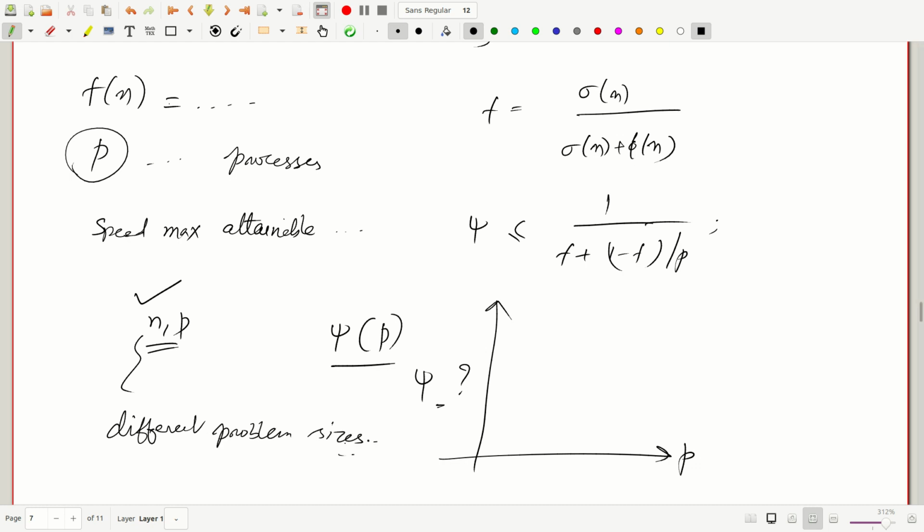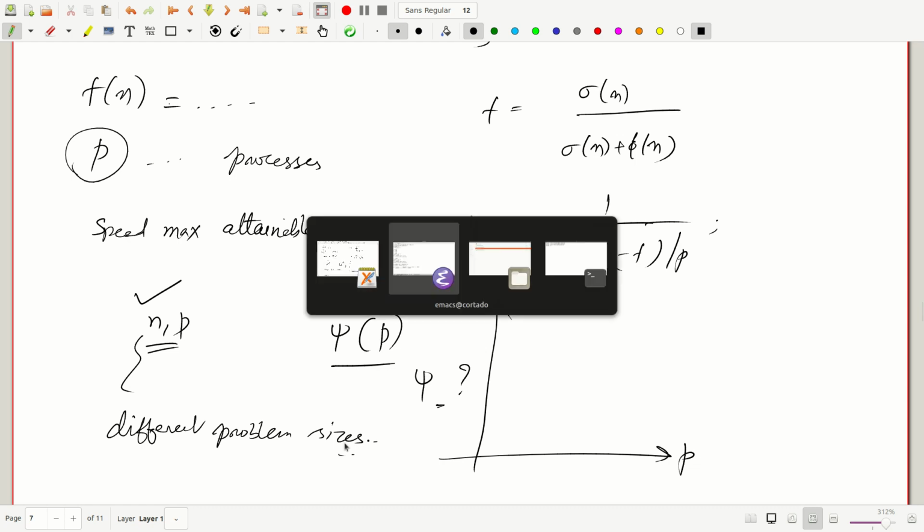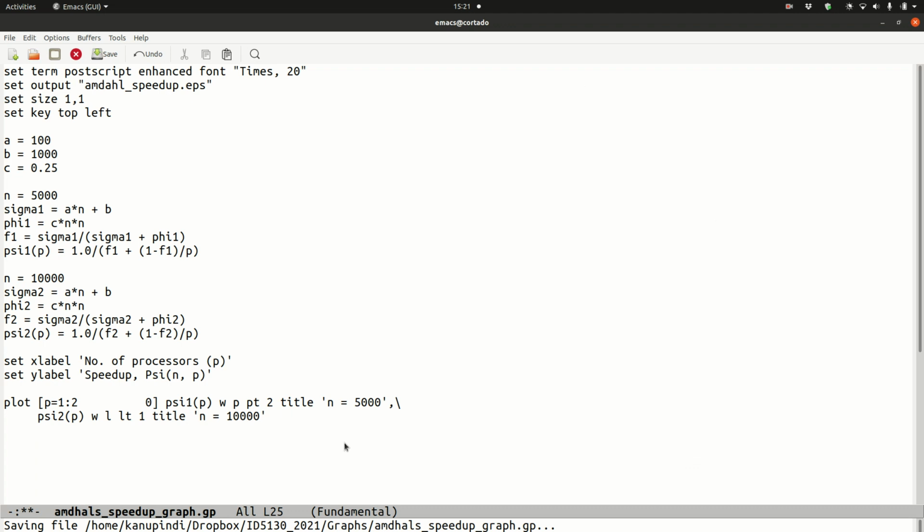So that is what I set out to do next. I write a small GNU plot script, which I will show here. You can ignore these statements; they are related to creating the file and things like that.